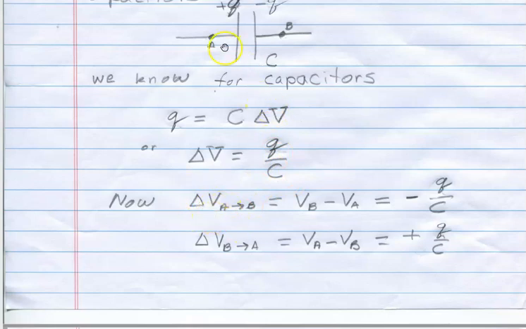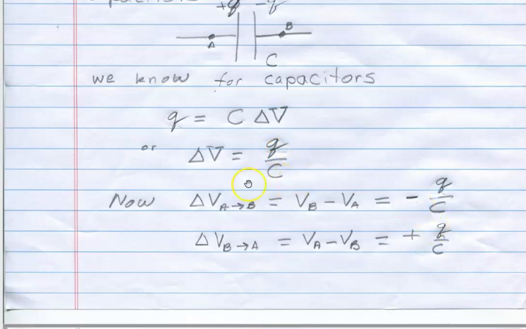We can look at going from A to B across this. And remember, delta V from A to B is the final minus the initial. In magnitude, the voltage difference across the plates of a capacitor is the charge on the plate at any given instant divided by the capacitance.